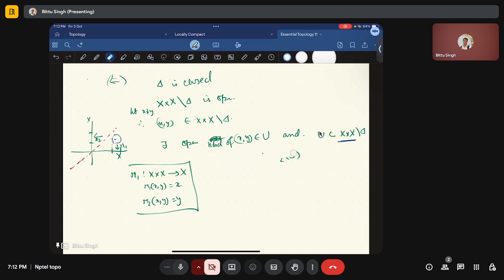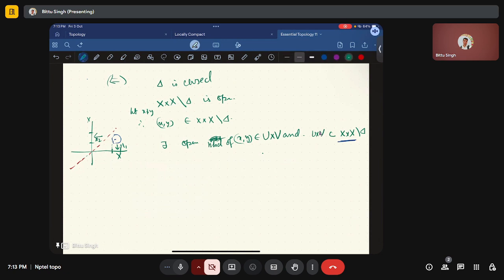For product topology, the basis looks like open set cross open set. So we may forcefully choose the neighborhood like U cross V. That idea fails because those projections may not be open, so instead of taking an arbitrary neighborhood, we can always take some kind of U cross V.